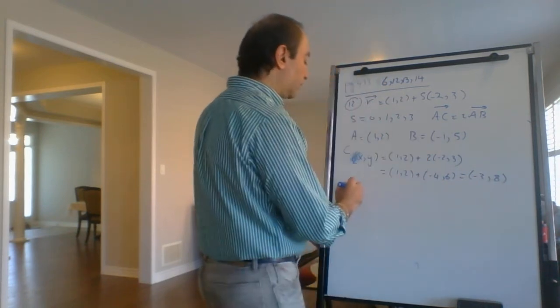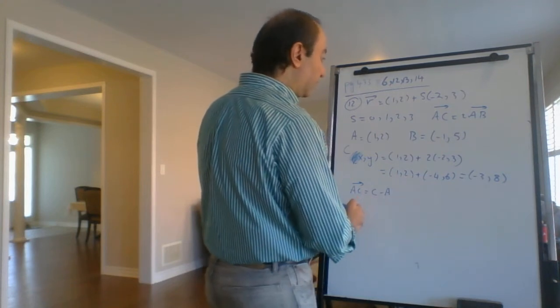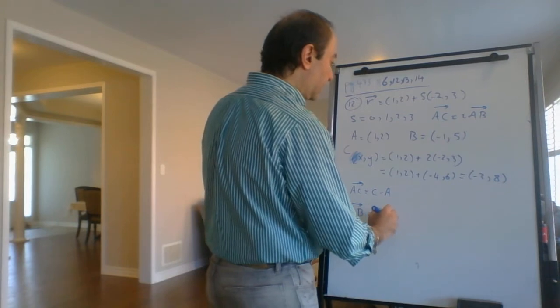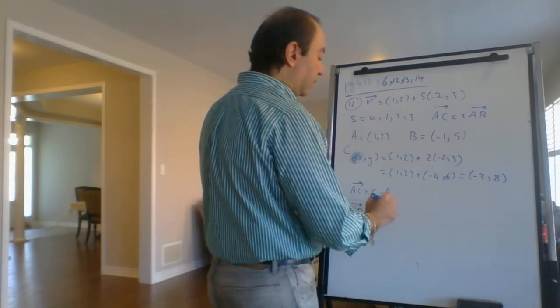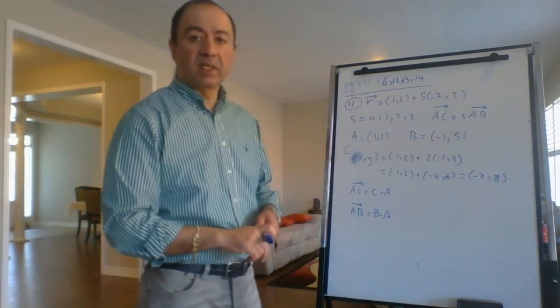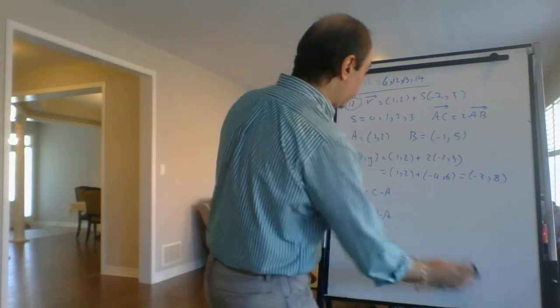Now you can find vector AC equal C minus A, find vector AB, that's equal B minus A, use the coordinates, and find if AC is twice AB. Okay, this is the idea for number 12, alright?